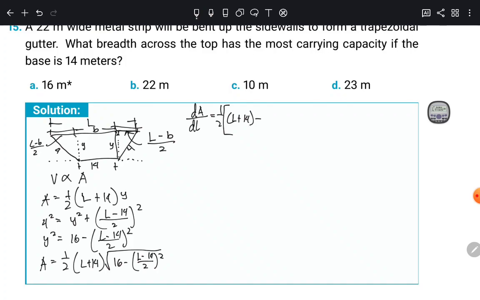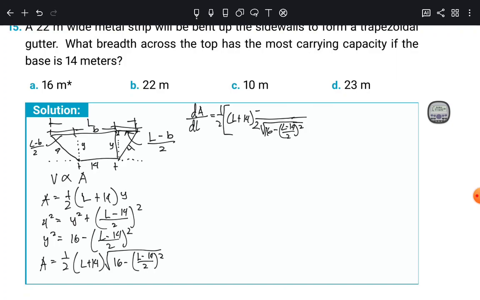The derivative of a square root is 2 square root of (16 minus ((L - 14)/2) squared) on the bottom, and you multiply the top with the derivative of the expression inside the square root. The derivative of 16 is 0, so this will be minus (L - 14)/2, you square that and you multiply, then you bring down 2.